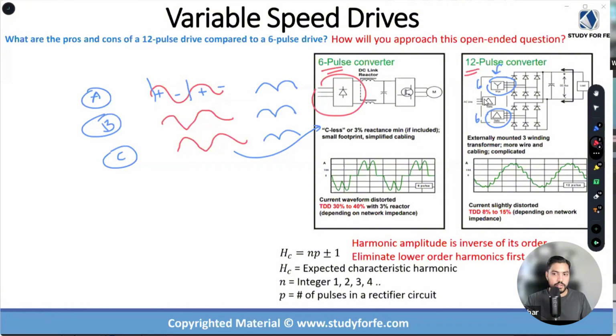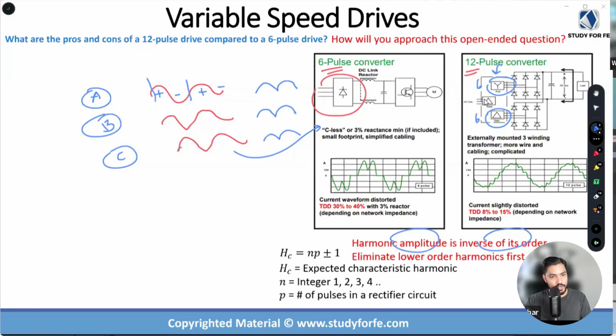Okay. Now, the interesting thing about harmonics is that the higher the order of the harmonics, the lower the amplitude. Because harmonics amplitude is inversely related to its order. Okay, what is the order of harmonics? What is amplitude? Amplitude we know, obviously.